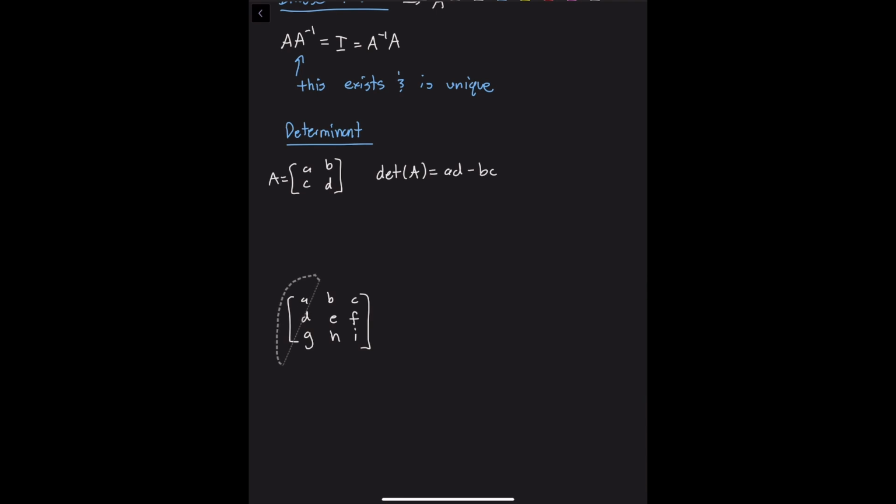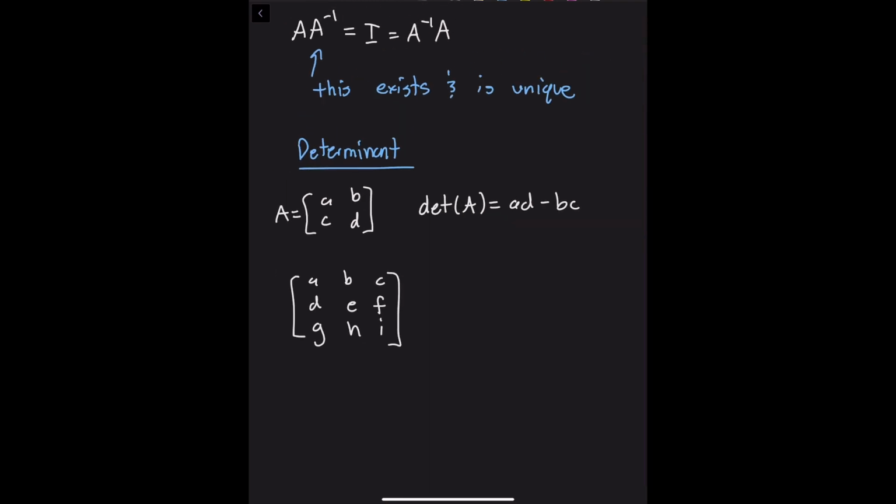And then now this one, so what we kind of did there is we went like this way, and then we subtracted going that way. Now what we're going to do is we're going to take this component, ignore these columns, and then take the determinant of this one. So this is A times the determinant of this submatrix.